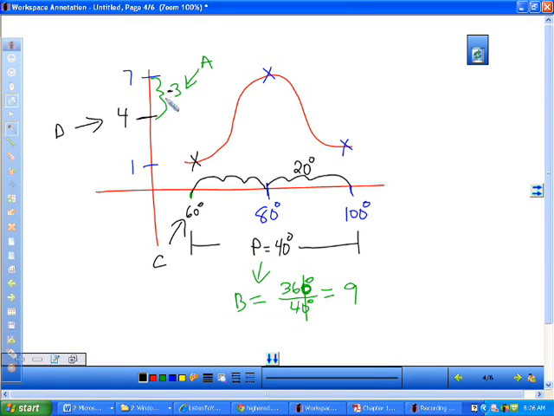Because for it to be positive, it would have to start at the top for the cosine. So my equation is y equals negative 3 cosine of 9 theta minus 60 degrees plus 4. So that's what you're going to need to be able to see as well.